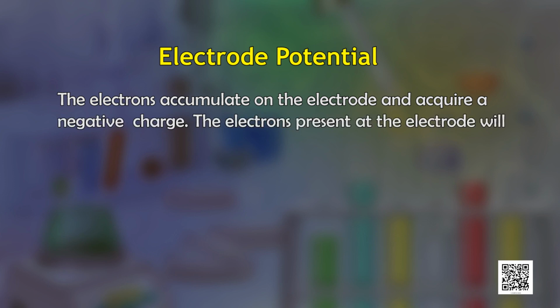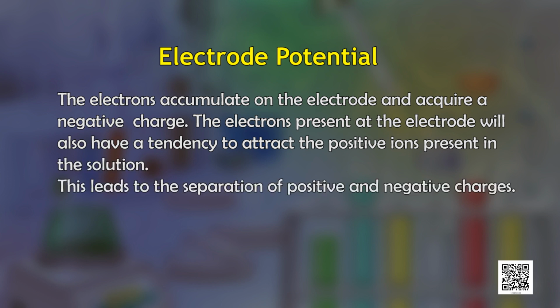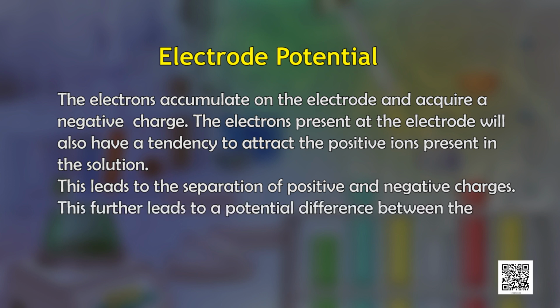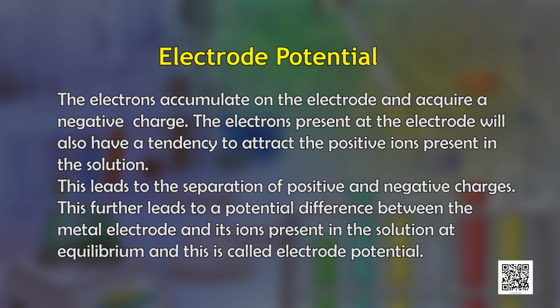The electrons at the electrode also attract the positive ions present in the solution. This leads to a separation of positive and negative charges, and further to a potential difference between the metal electrode and its ions in the solution at equilibrium. This is called electrode potential.